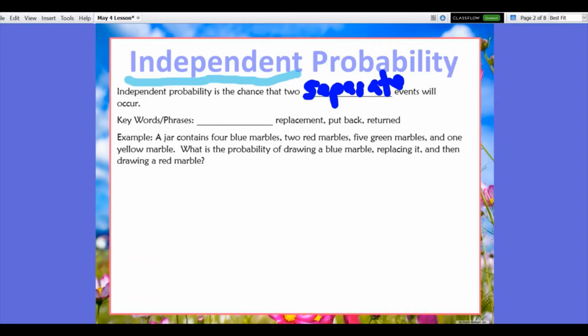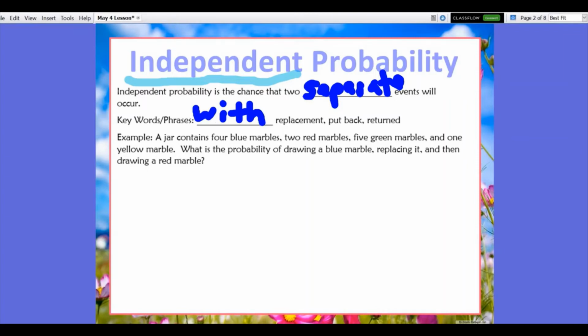All right, so the key word to look at there is with replacement. So that means if you put something back, it's going to be an independent probability. Or if it says put back or returned. So something like this: a jar contains 4 blue marbles and 2 red marbles, 5 green marbles, and 1 yellow marble.